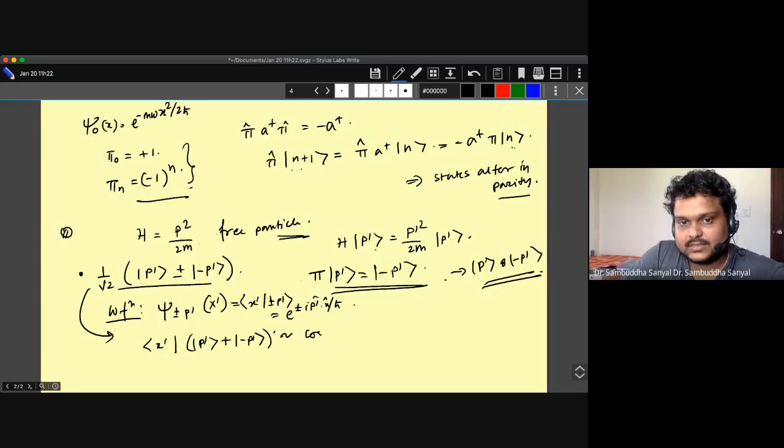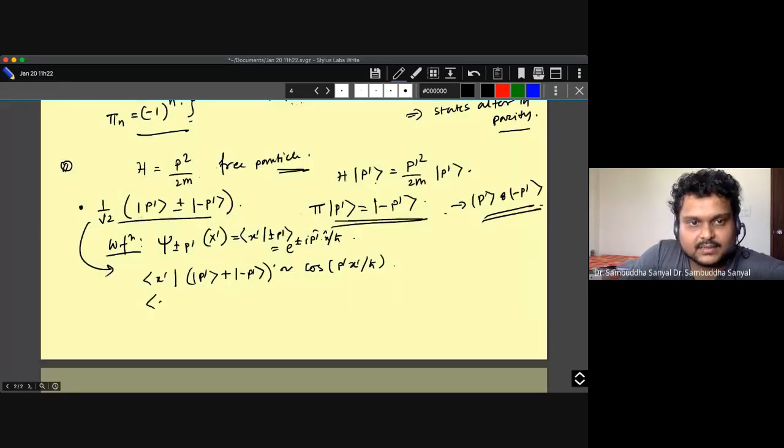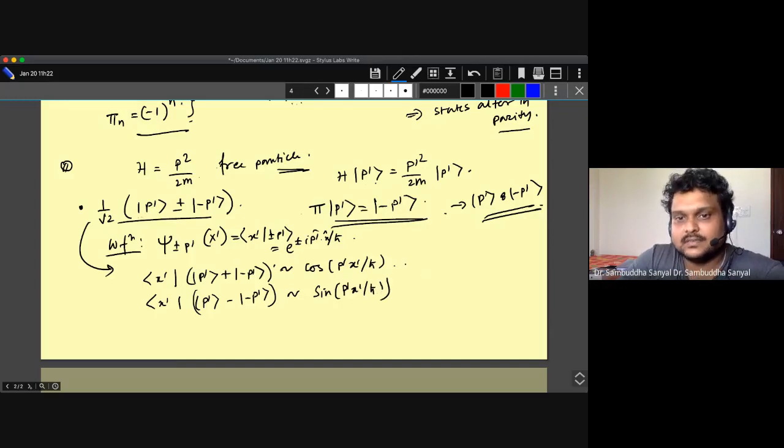So this is cos(p' x'/h bar) and the other one is sine. Obviously cos is even in parity, and sine is odd in parity, and they are definite parities.